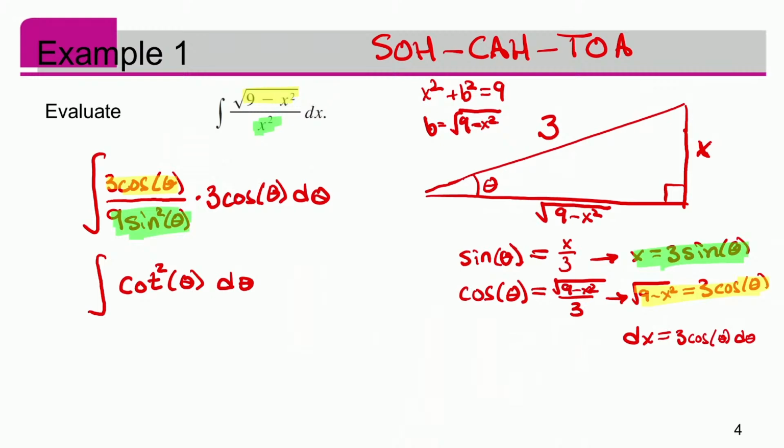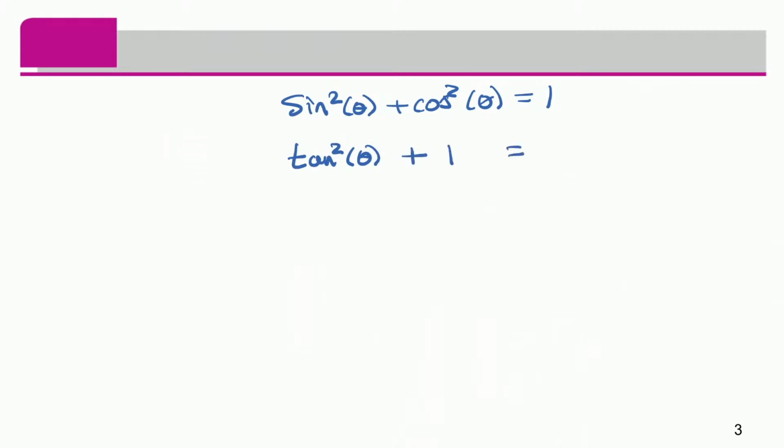You know how we have sine squared plus cosine squared is equal to 1. So you know about that one. If you divide everything by cosine squared, this turns into tangent squared theta plus 1 equals secant squared theta.